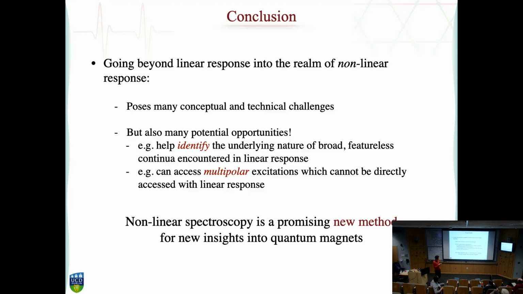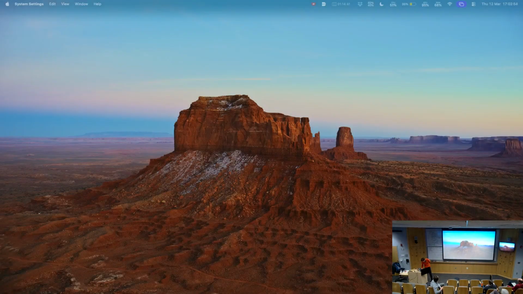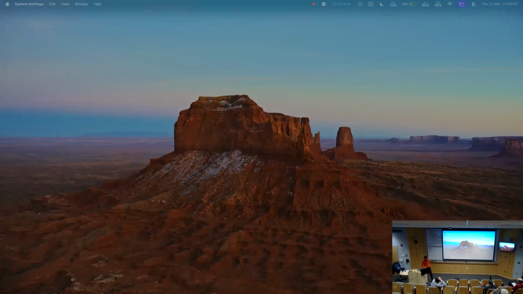Yeah, and I think I only super briefly showed you that. I had mentioned this word last in one context of my talk, because I had mentioned these experiments by Peter Armitage where he had looked at this marginal Fermi glass.